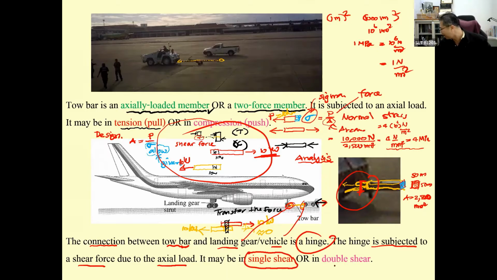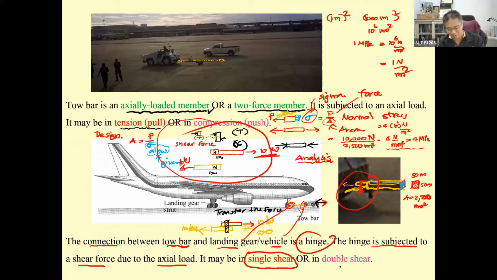And there is another thing. If you try to connect in the other way, if you connect these two things, something like this, the ball is in single shear. But in some cases, we connect the plate in the form something like this.